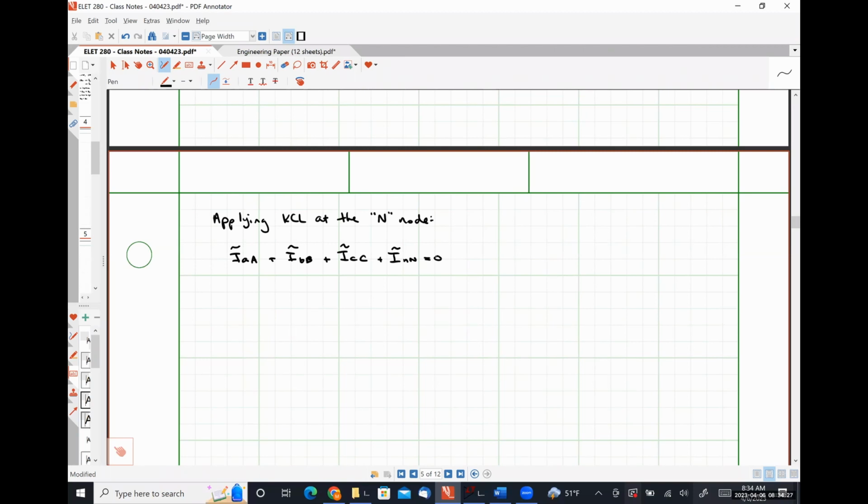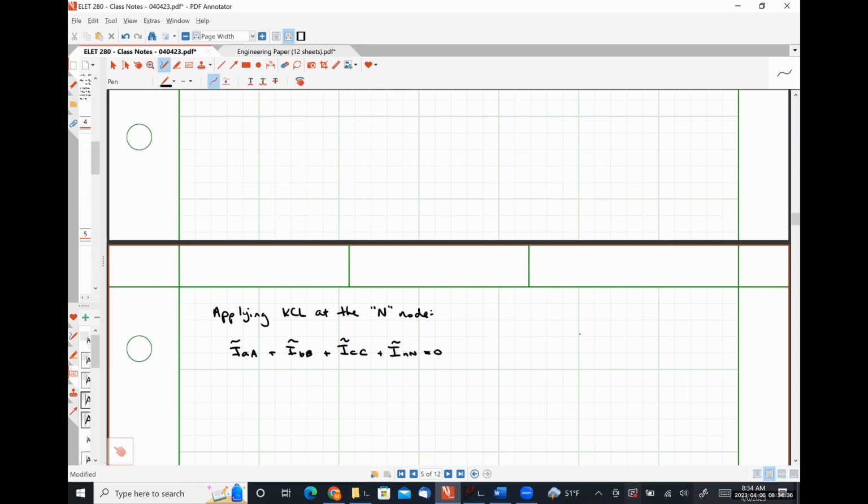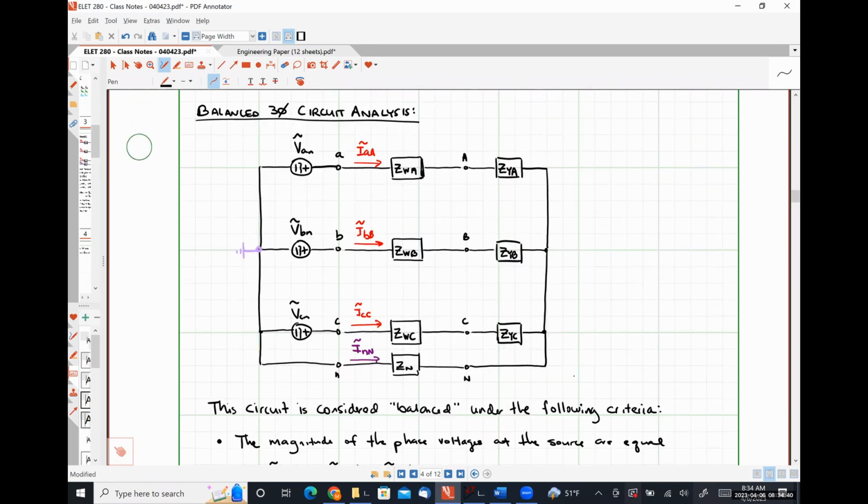And now what I'm going to do is use Ohm's law to rewrite all four of those currents in terms of these impedances. Okay, so let's think about this really quickly.